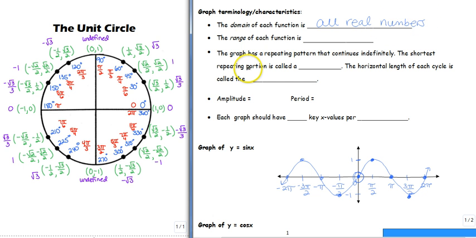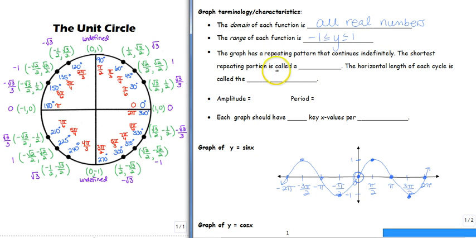If I want the range of each function, if I'm looking at sine and cosine, we talked about it the other day that the range of the value, my sine never gets smaller than negative 1, never gets bigger than a positive 1. It's going to go up and down. So this is a negative 1 to 1. The graph has a repeating pattern that continues indefinitely, so it's never going to stop.